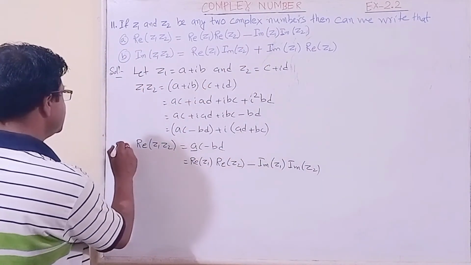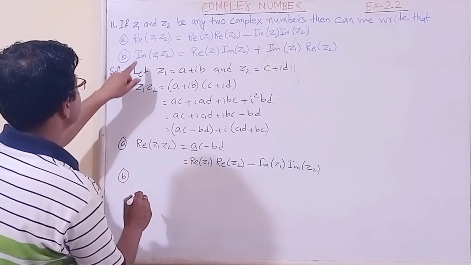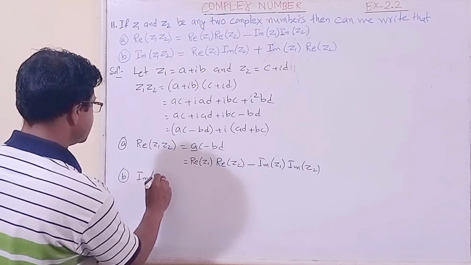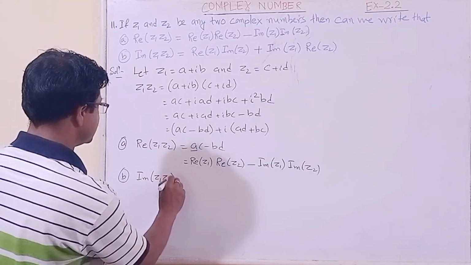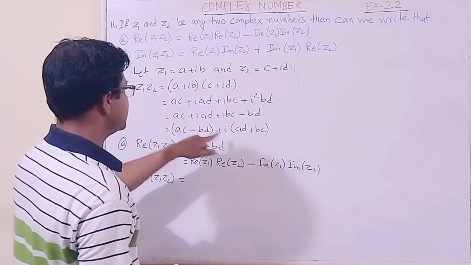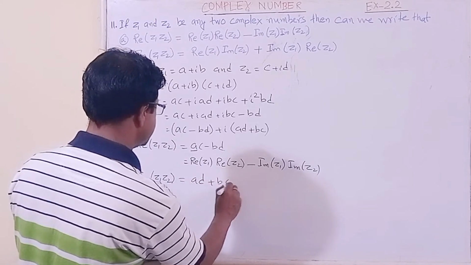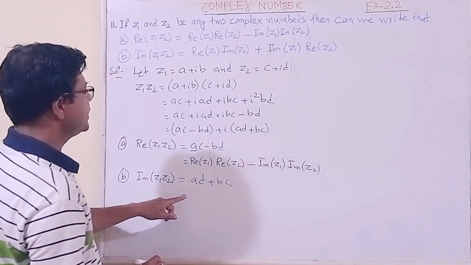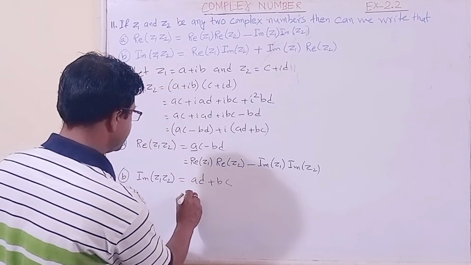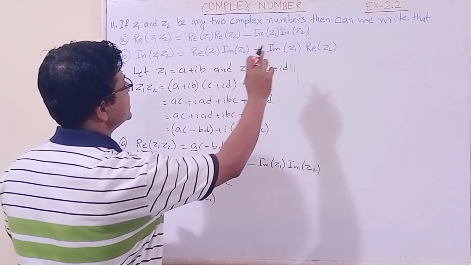Then number b. Let us write the imaginary part of Z1 into Z2. The imaginary part of Z1 Z2 is ad plus bc. Now what is a here? Again a is the real part of Z1. What is d?